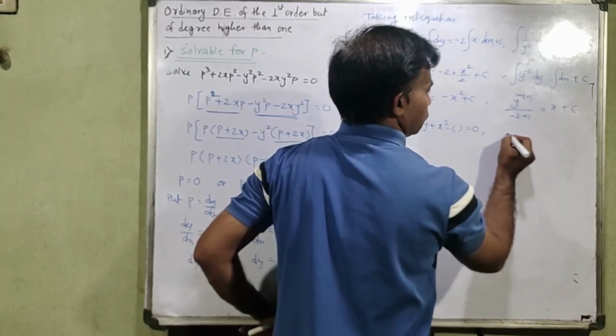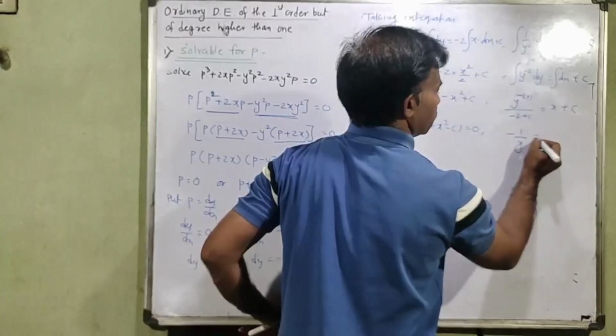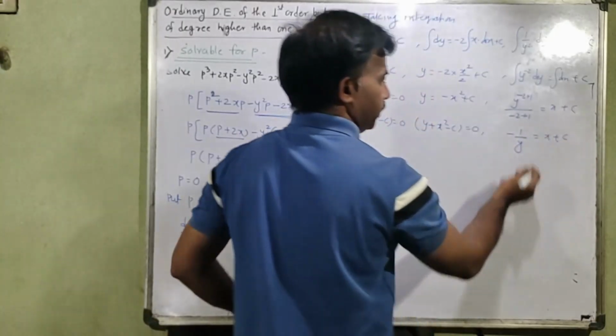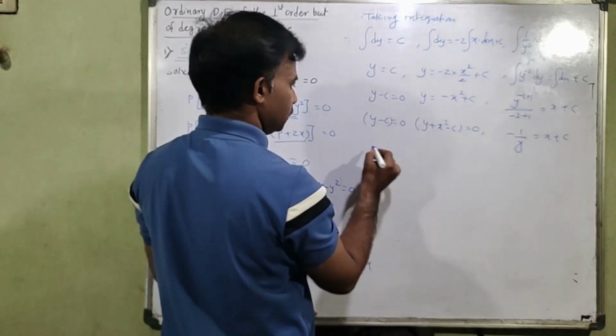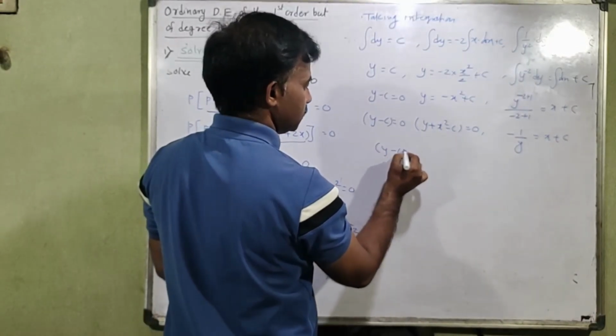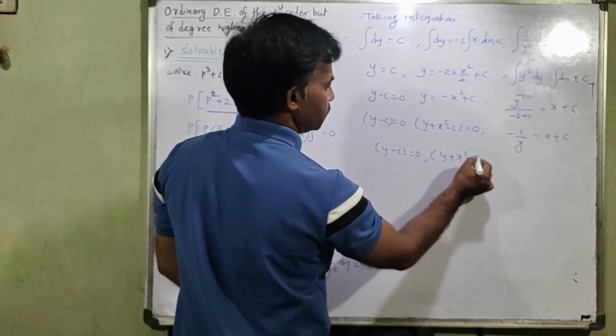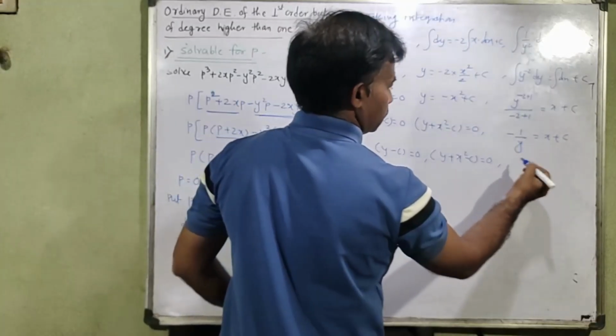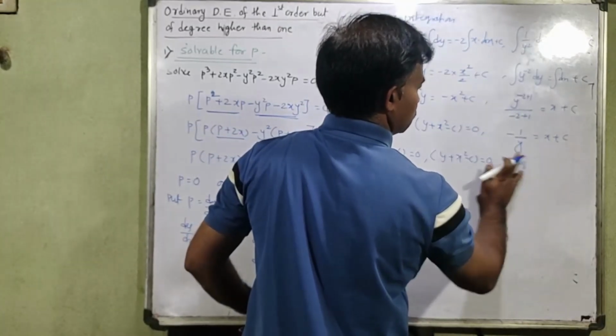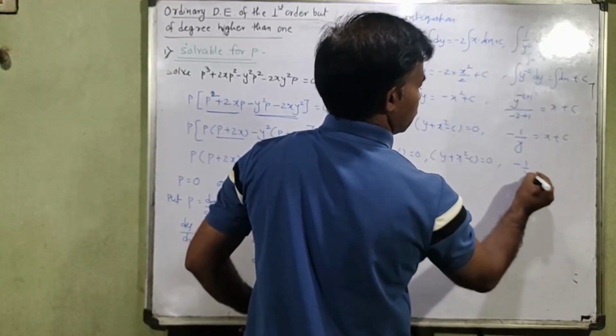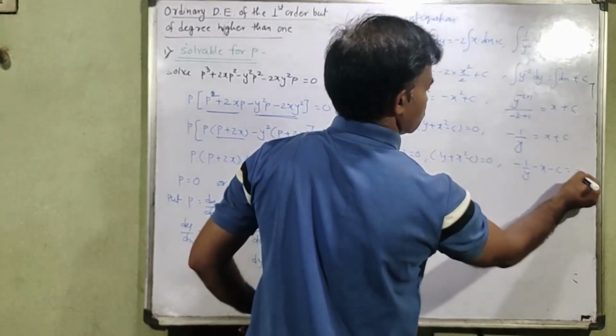That means minus 1 divided by y is equal to x plus c. And we transfer this value, you will get y minus c is equal to 0, y plus x square minus c is equal to 0, and minus 1 divided by y minus x minus c is equal to 0.